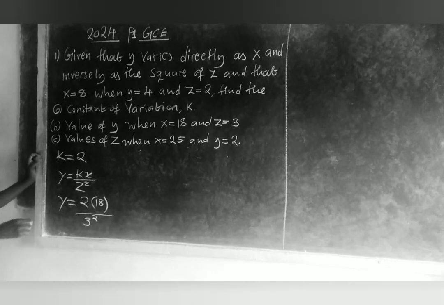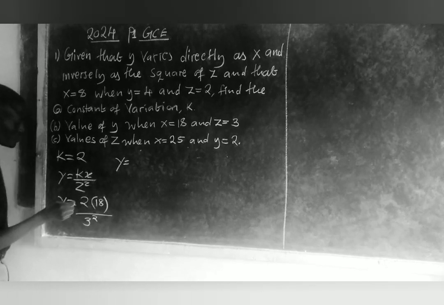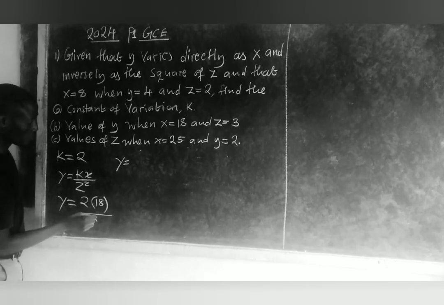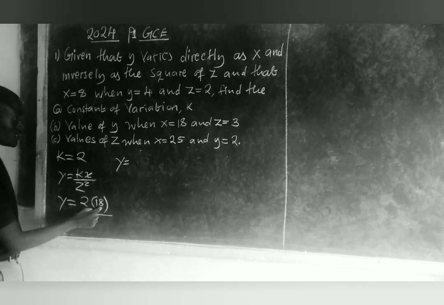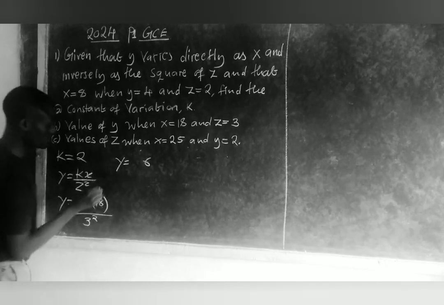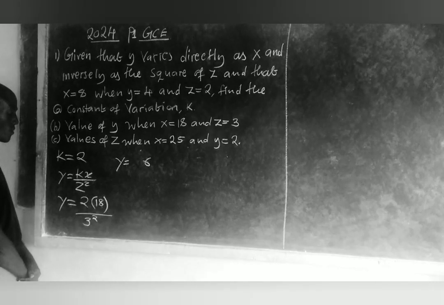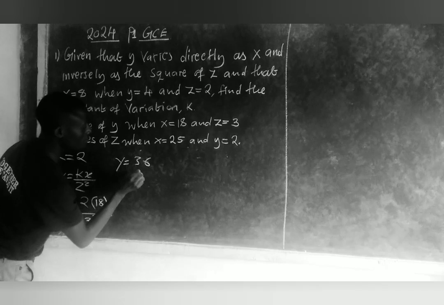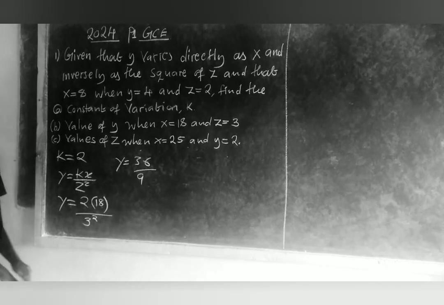Hence, we can say y is equal to this times this. We are going to have that is this times this, that is 6. Then this times this, that is 2. Remainder 1, we are going to have 36 out of 9.